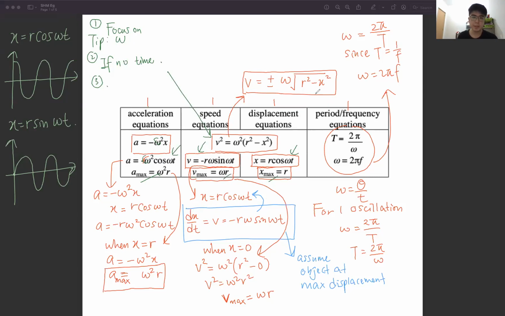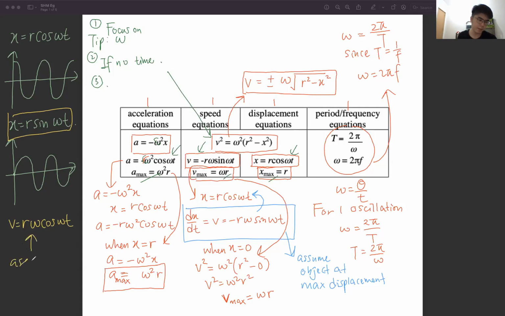And how about the velocity? If we start timing from the equilibrium position, then it would be the opposite sign. That means you differentiate this one, right? Let me write it down here. v equals r omega cos omega t.